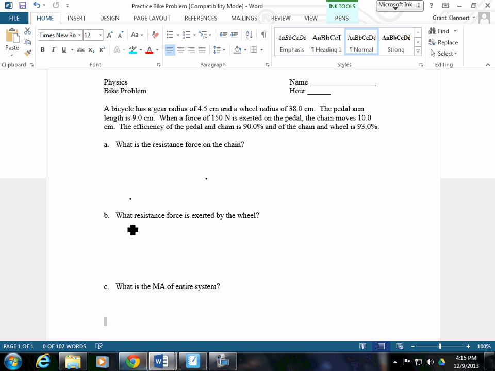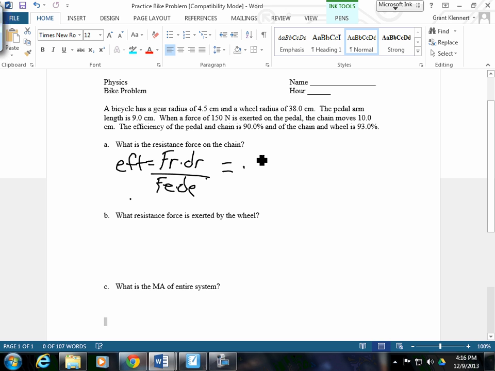Go back to what we learned about our equations. Efficiency is equal to work output divided by work input, which is equal to FR times DR over FE times DE. Go ahead and plug in numbers. We know the efficiency is 0.90, which is equal to FR times 10.0 divided by 150 times 9.0.